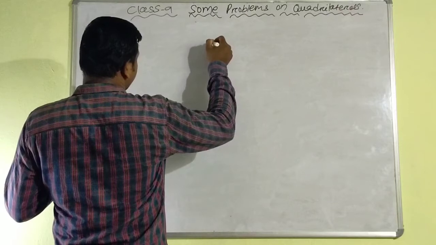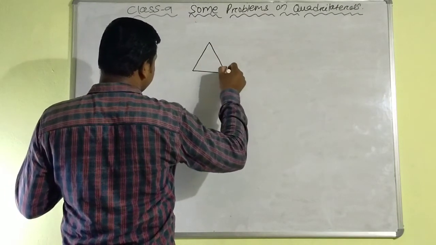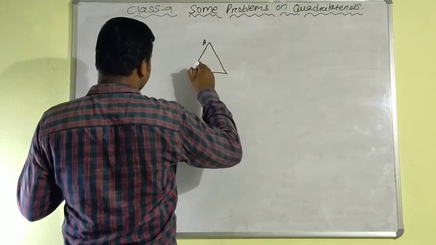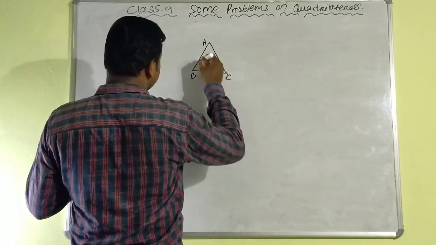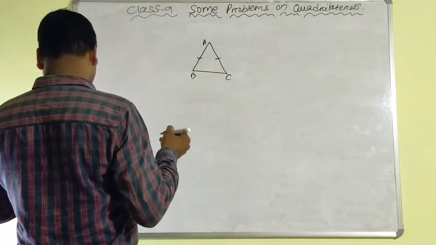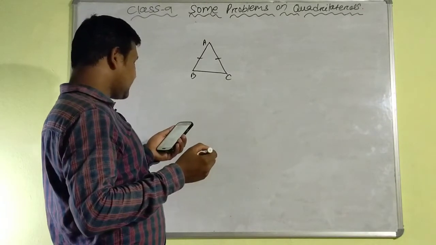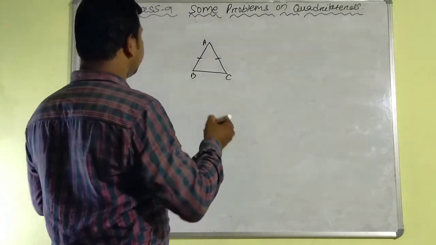First given ABC is an isosceles triangle where AB equal to AC given, and also given AD bisects exterior angle PAC.